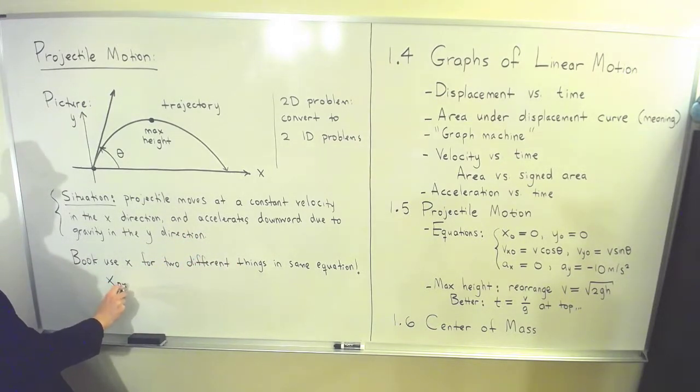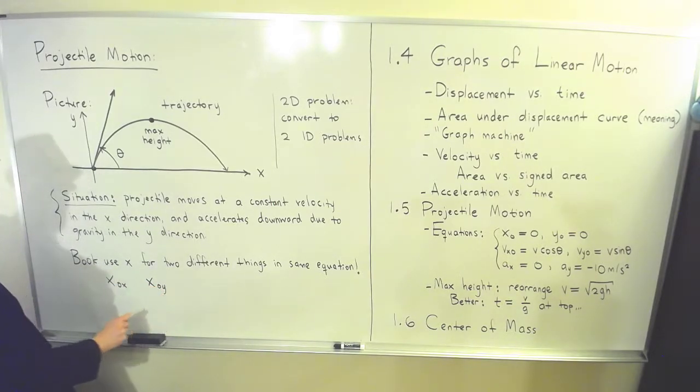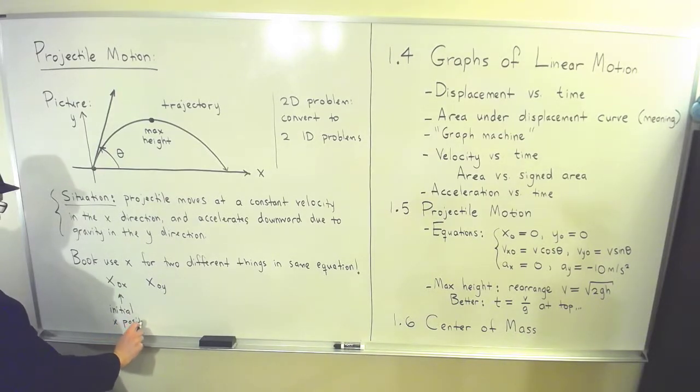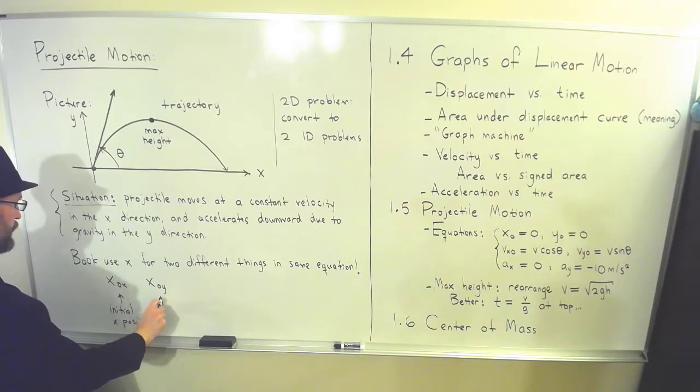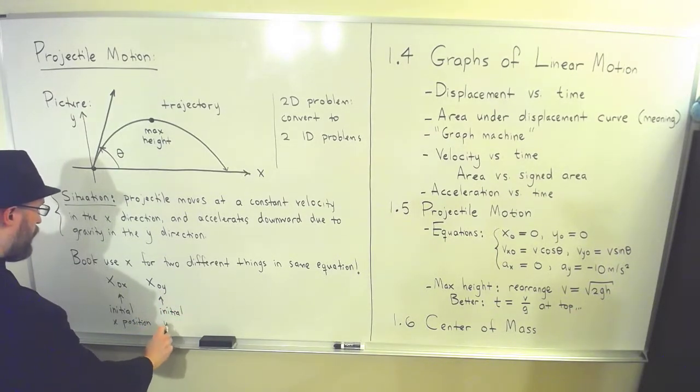Now, what these two things are is, it has an equation something like x0 x, and then it has x0 y. For the book, this x0 x means the initial x position, and the x0 y is the initial y position.